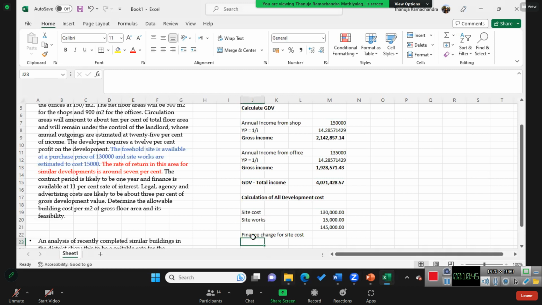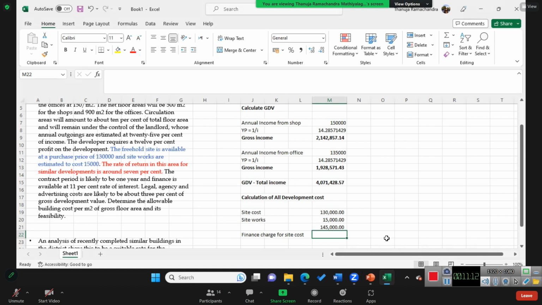So until we get the income, we will not be able to pay the loan. So therefore, we will have to pay the interest charge, finance charge, right? So therefore, we have to calculate the 1 year interest for the 145,000. Okay, right. So the rate is 11%.